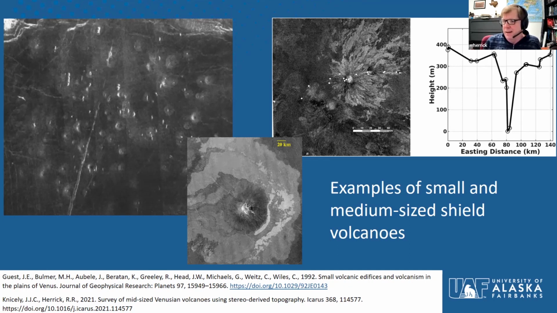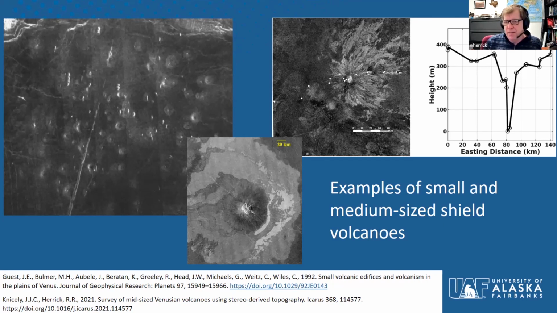And so I think that means something, not sure exactly what. And then going down to smaller size volcanoes, as shown in the upper left of this slide, you can see that there are volcanic features that are going down to the limit of Magellan resolution. And a lot of these small shield volcanoes occur in clusters.